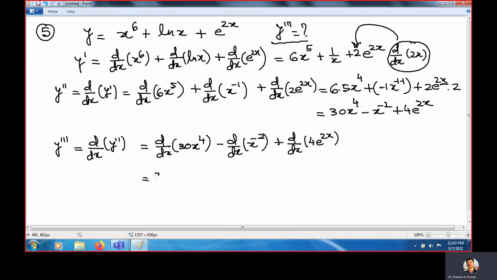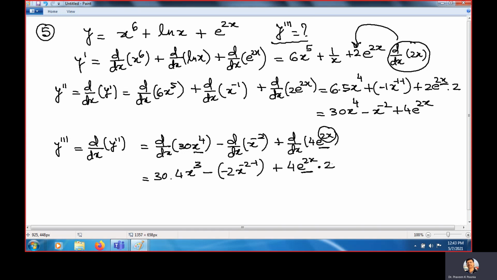So 30 times the derivative of x power 4, that is 4x power 4 minus 1, 3, minus the derivative of x power minus 2, that is minus 2 x power minus 2 minus 1, and plus the derivative of 4 e power 2x. The derivative of e power 2x is e power 2x, but you need to differentiate 2x again.